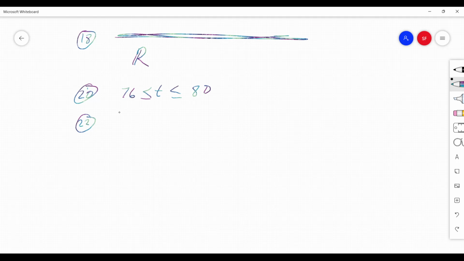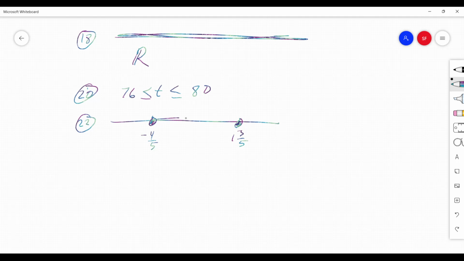All right. Number 22 is open circles at -4/5 and +1 3/5. And it is, not open circles, closed circles.